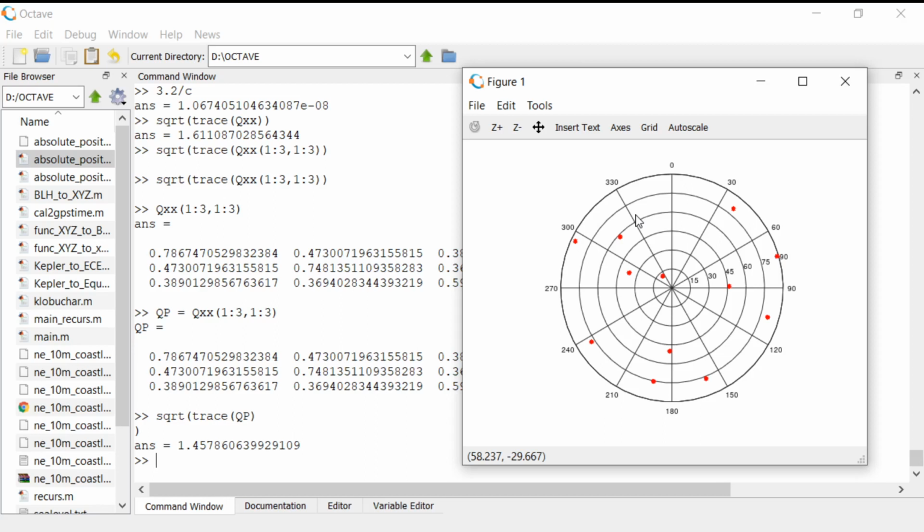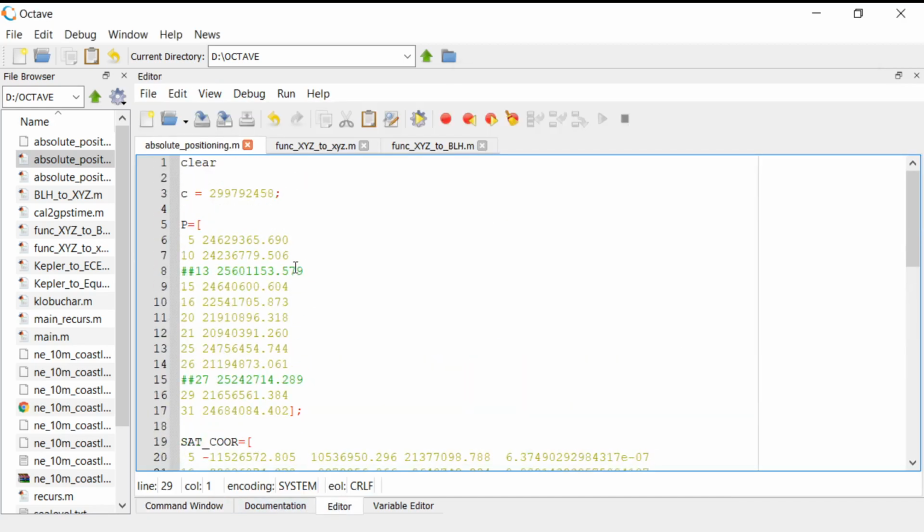So let's try to apply this to this task. Let's eliminate the satellites having elevation angles lower than 30, so these will be eliminated. Let's try to do this in our example here.